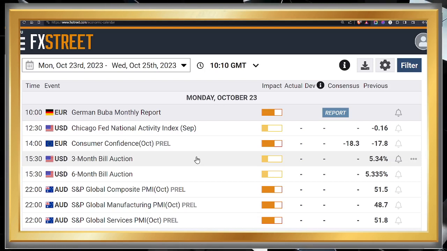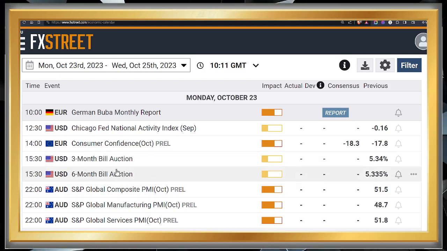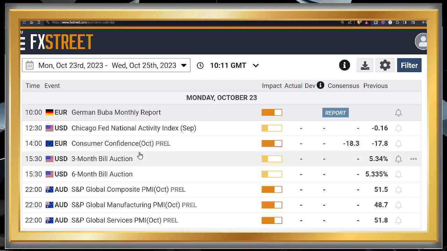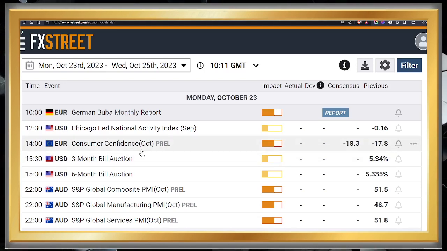For today, October 23, the first trading day of the week, we do not have any high impact event, and in fact we do not have any medium impact event affecting the assets on our watch list. Looking at what we have here, we have a couple of events from the United States, that is the Chicago Fed National Activity Index, and of course the month bill auction, which are not really that significant events.